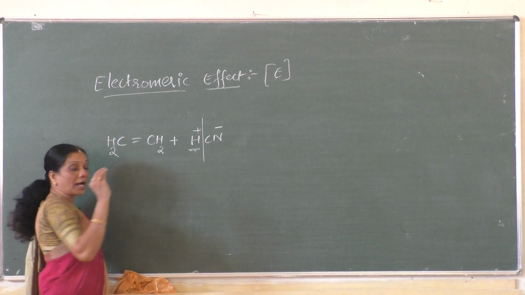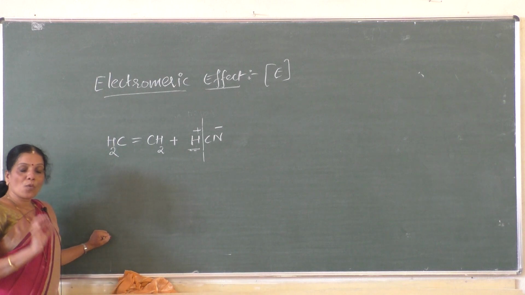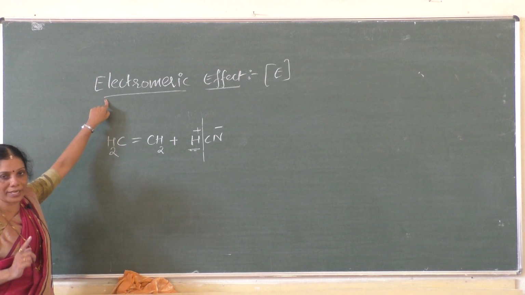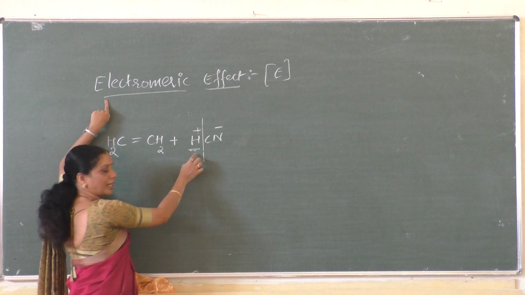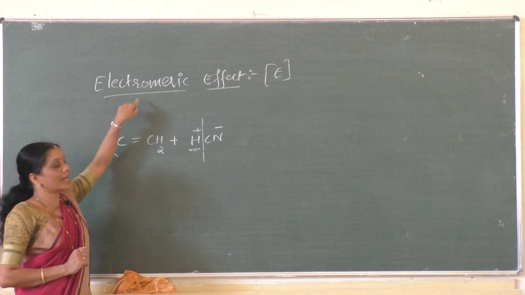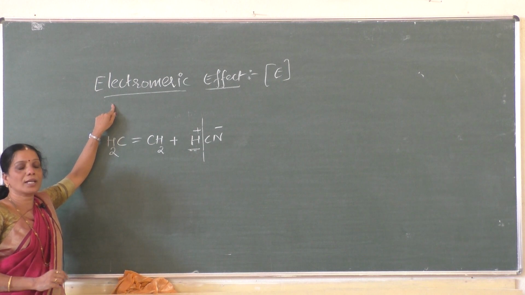Hence, under the influence of an attacking agent, one of the electron displacement effects takes place that is called the electromeric effect. Now what is this electromeric effect?